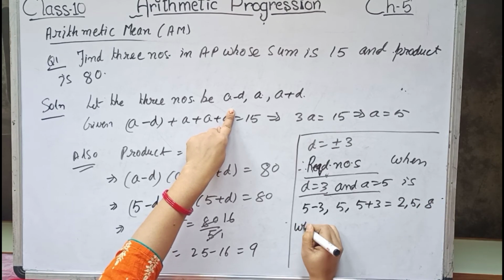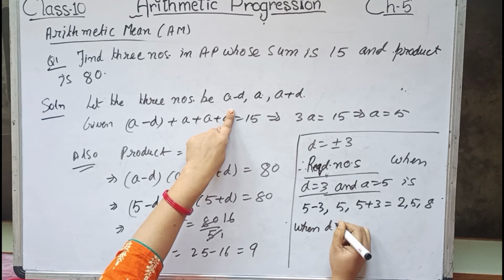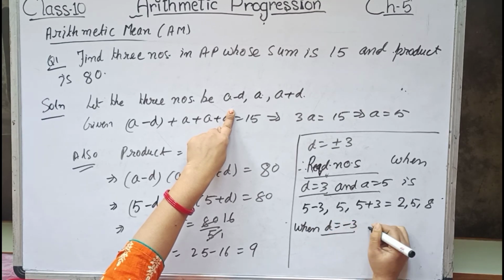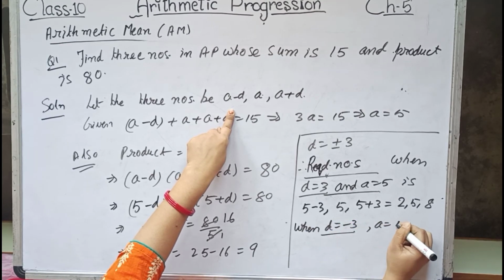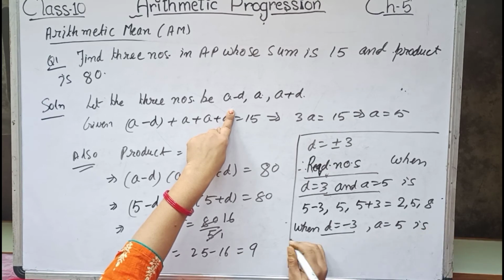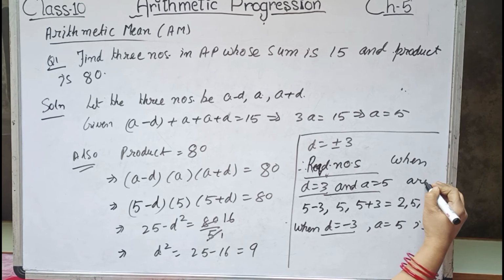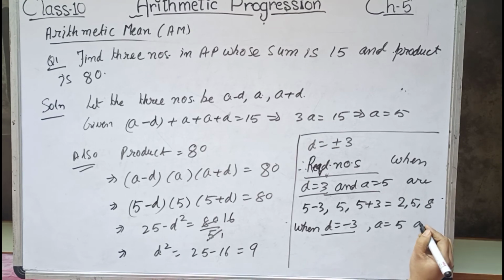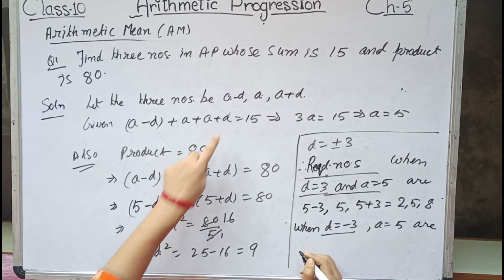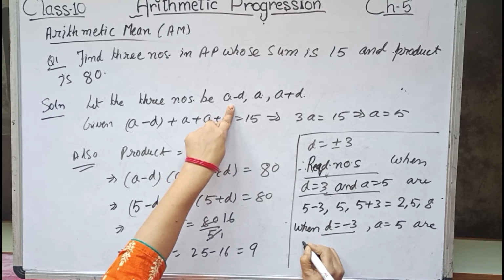And when D equals minus 3 and A equals 5, the required numbers are a minus d, a and a plus d. Value of a is 5, d is minus 3.